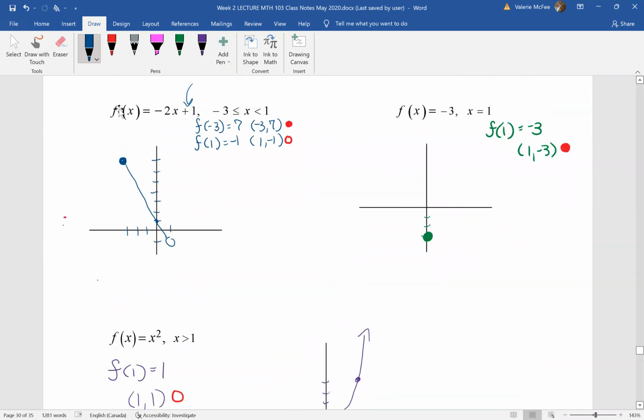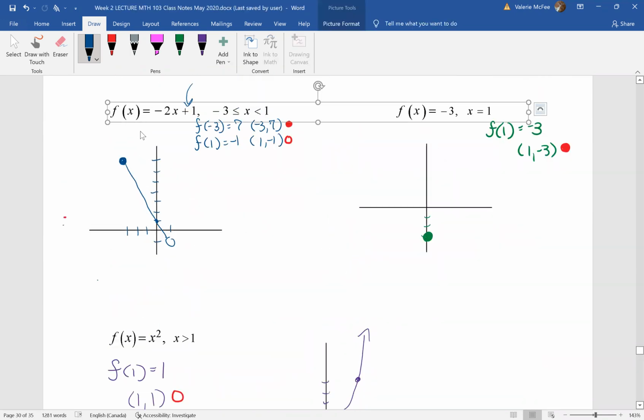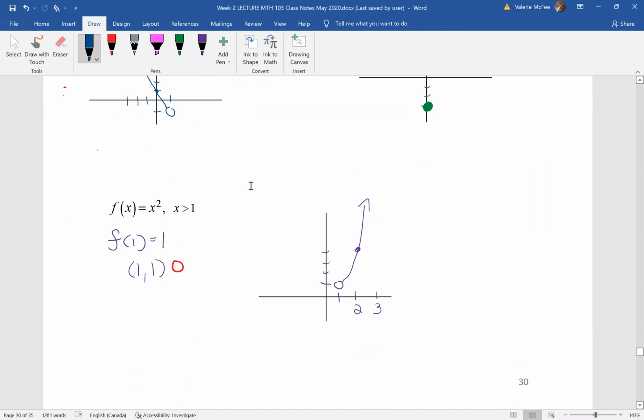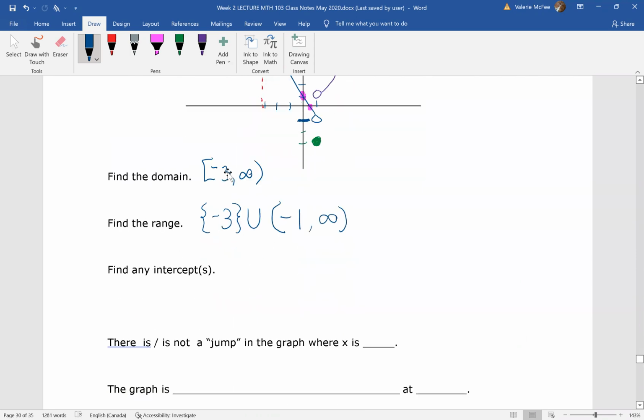The equation for the first piece is this one here. Oops, the f of x equals -2x plus 1. So let's look at that first piece. F of x equals -2x plus 1. I see there is both an x-intercept and a y-intercept on that piece.